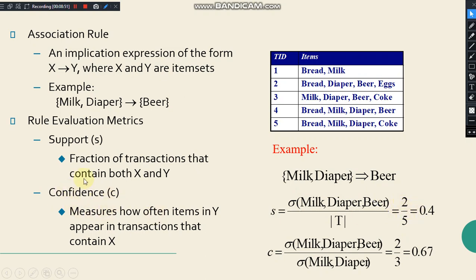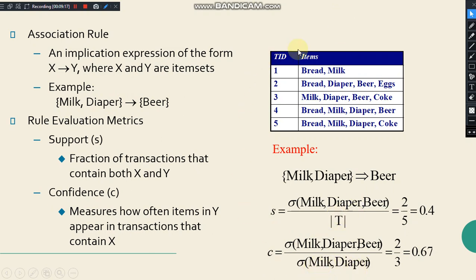How are you going to calculate the confidence, which is the items in Y appearing in transactions that contain X also? You have to get the combination of all these 3 things, because I want to find out those transactions where milk, diaper and beer were bought, out of those transactions where milk and diaper were bought.